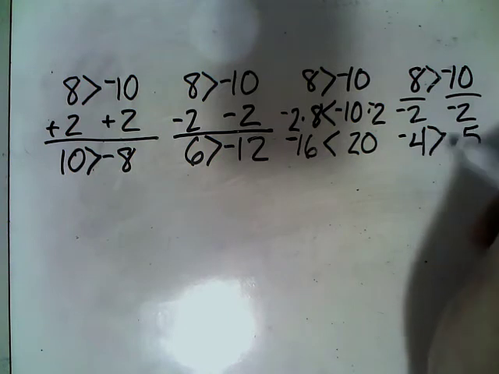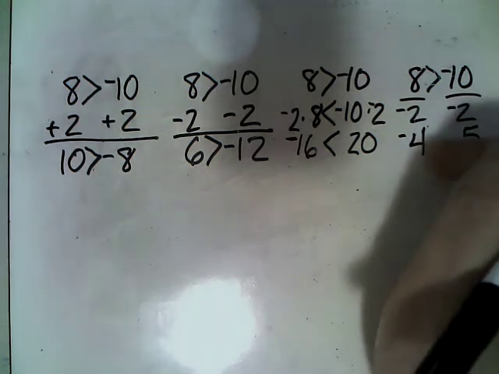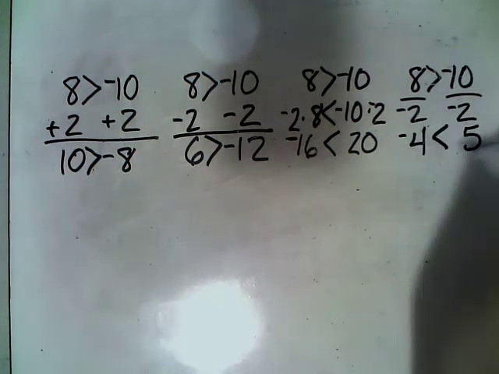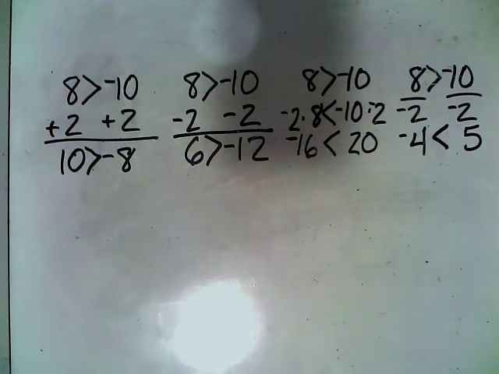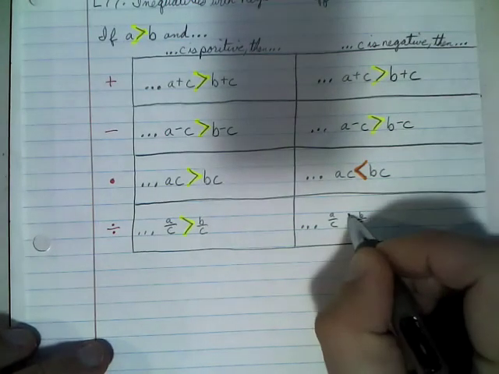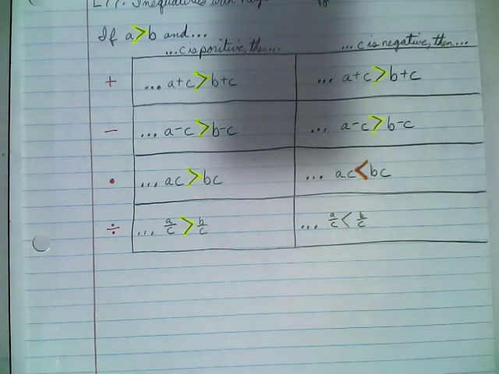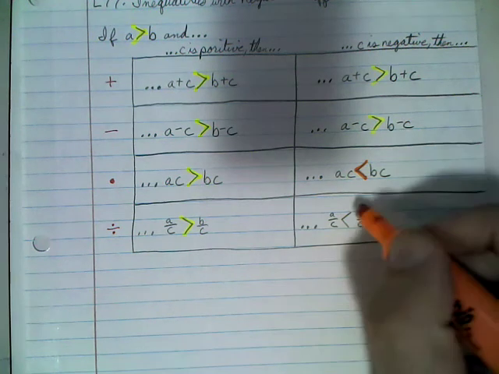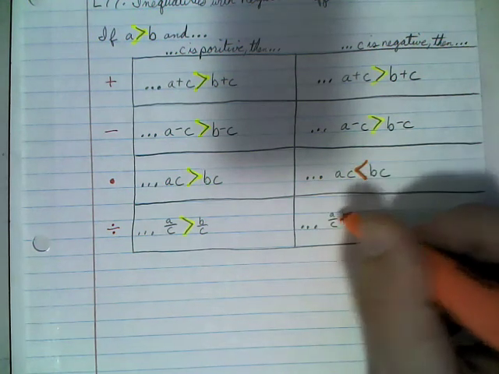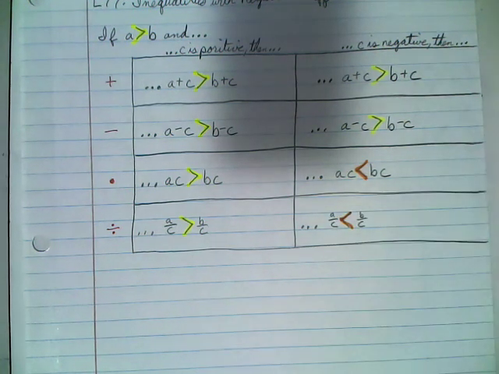So is negative 4 greater than 5? Obviously not. It would be more to have 5 of my own dollars instead of owing somebody else 4. So likewise, with division, it turns out if we divide by a negative, our inequality will flip.